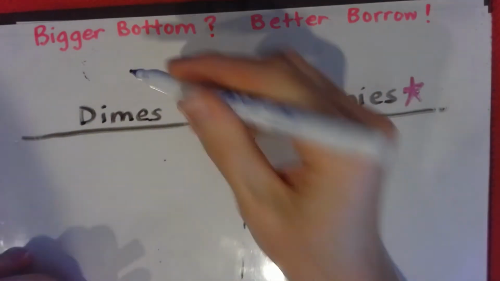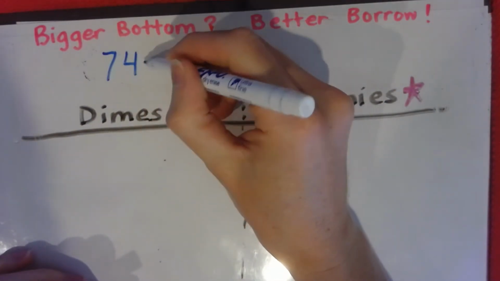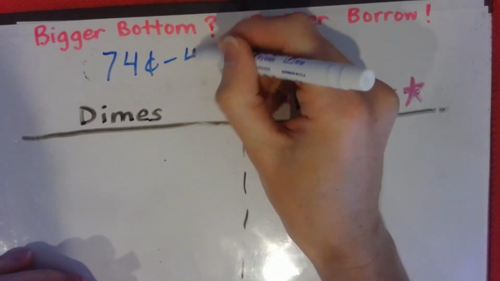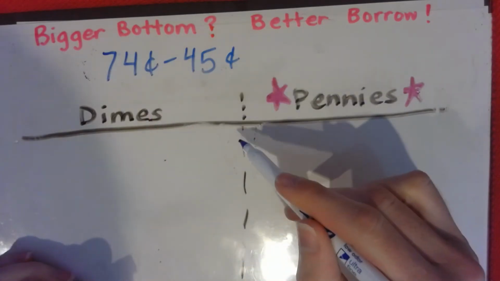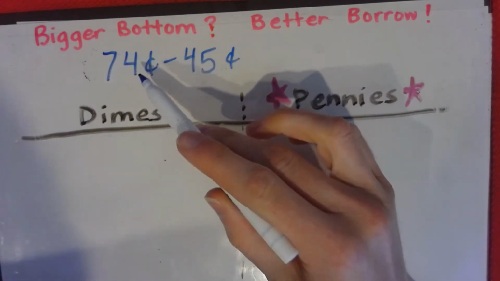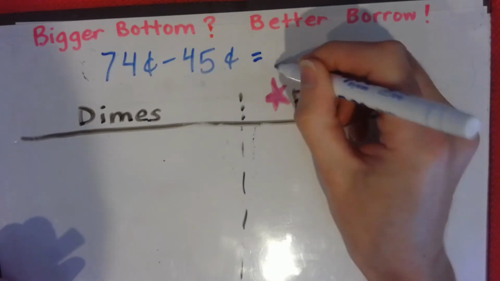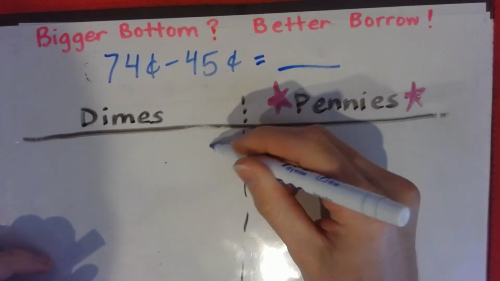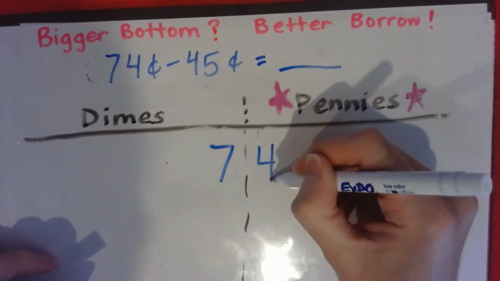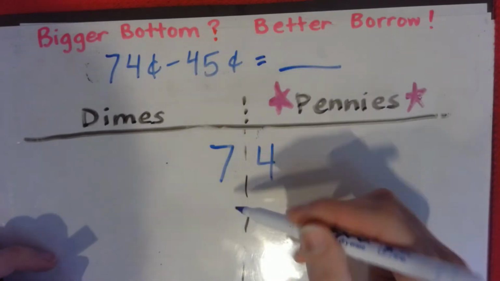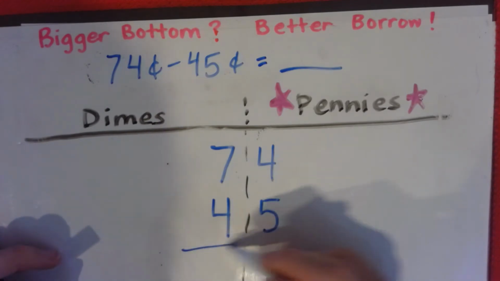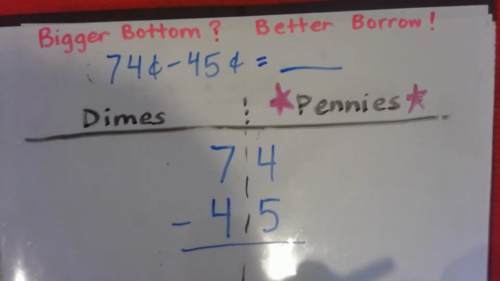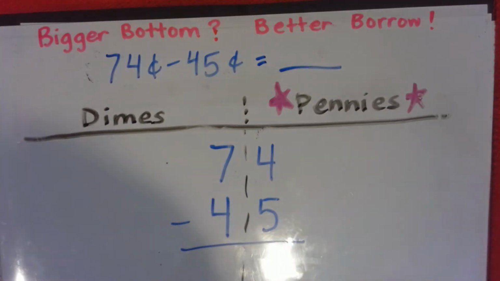Well, yours is already written for you on the page, but 74 cents minus 45 cents. The first number that's listed will always go on top, because this is the number you're starting with, the bigger number, and you're taking away the smaller number. So it looks like 74 minus 45 minus 40, which is 4 dimes, 5, which is 5 pennies. Good.